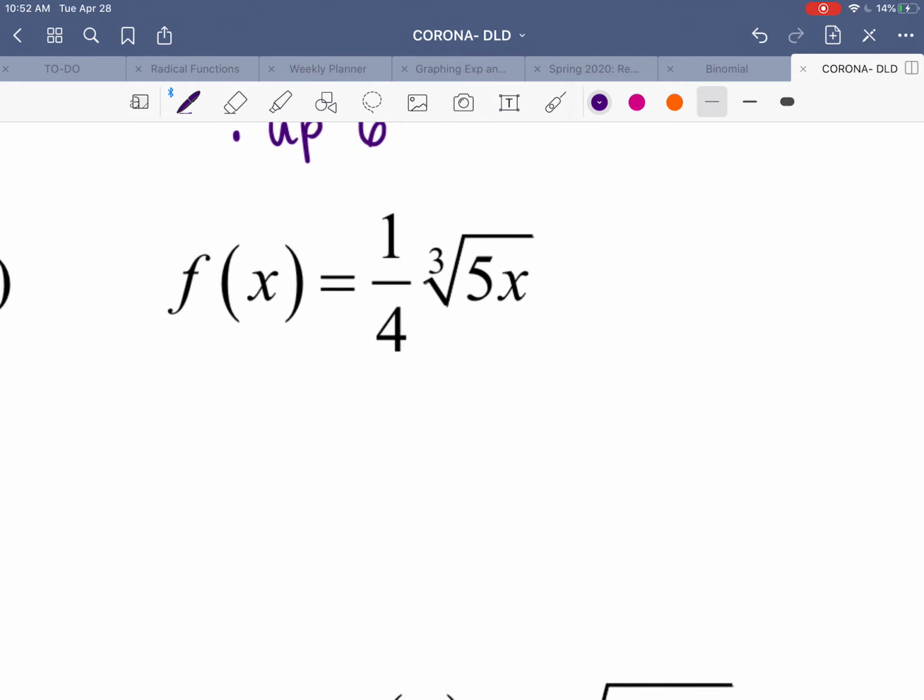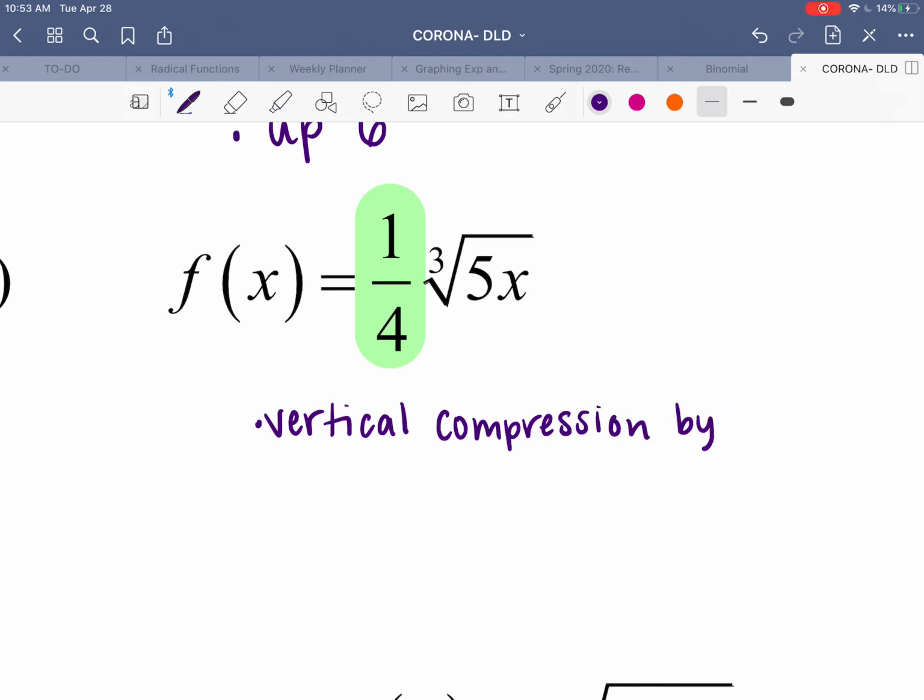Okay, moving on to C. Here we have a cubed root, but that doesn't change any of our transformations. So the first one we have is this 1/4, and since it's on the outside of the radical, it's going to be a vertical compression by 1/4. Now we have underneath the radical this 5. Since it's under the radical, that has to do with the x's.